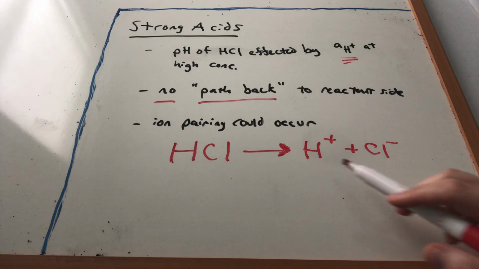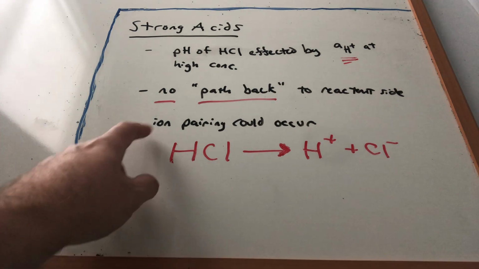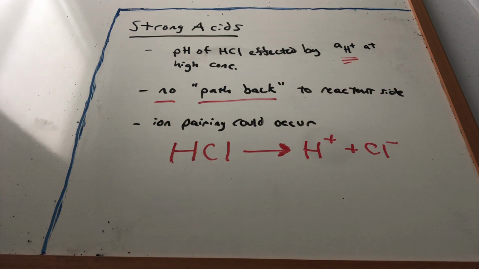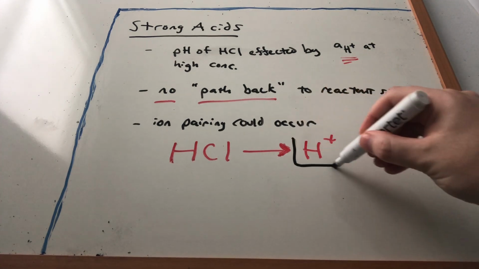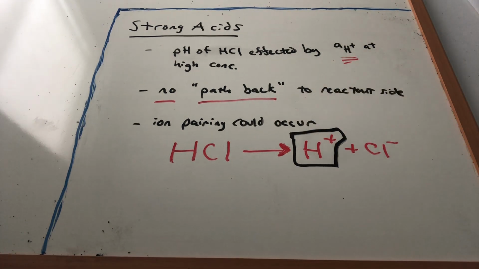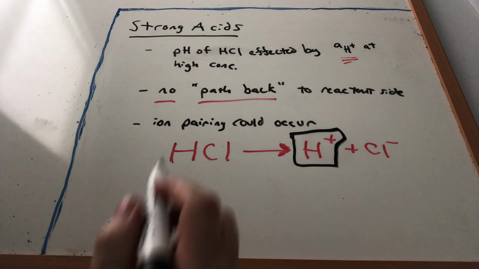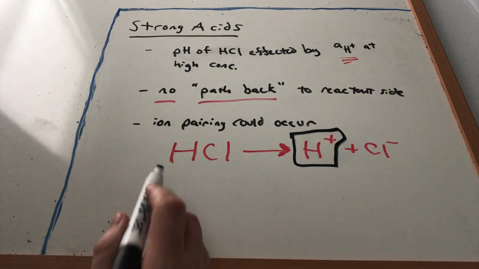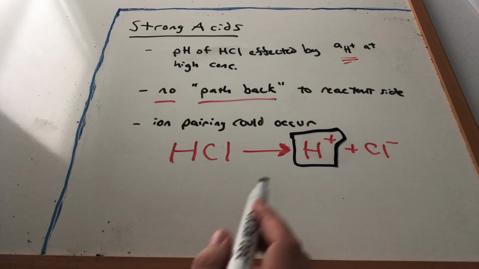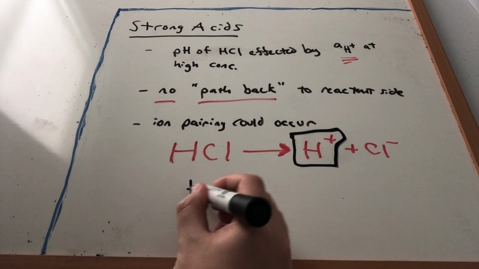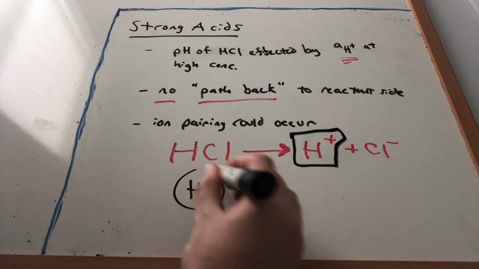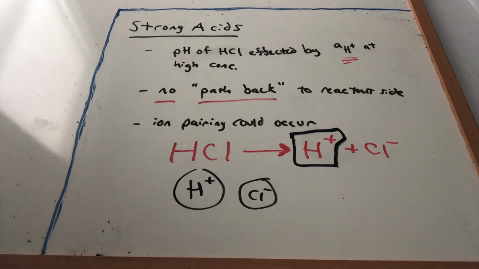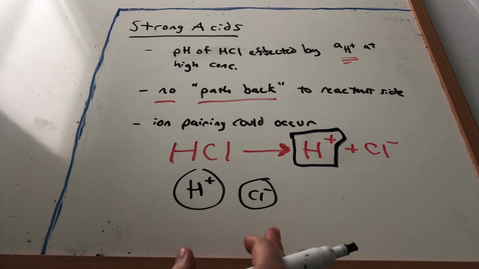So what happens is this idea that you could get some ion pairing. If we're dealing with an ideal solution and we're looking just for the concentration of this species, we're assuming that all of them are free-floating by themselves. But if you have a really concentrated solution of a strong acid, the likelihood of an H+ and a Cl- finding each other is high.